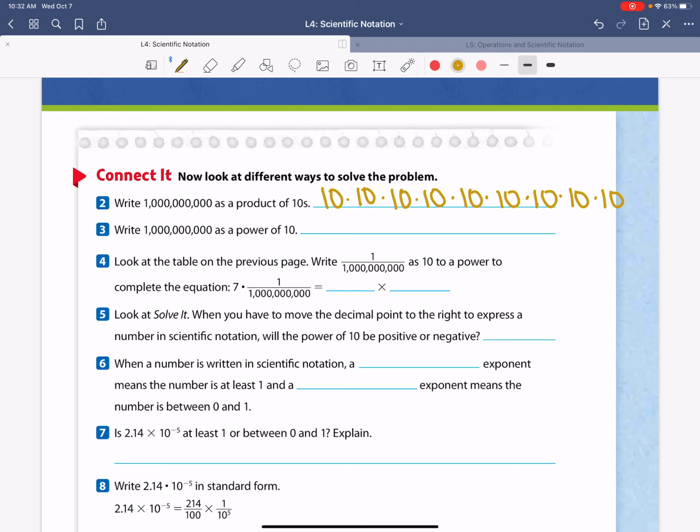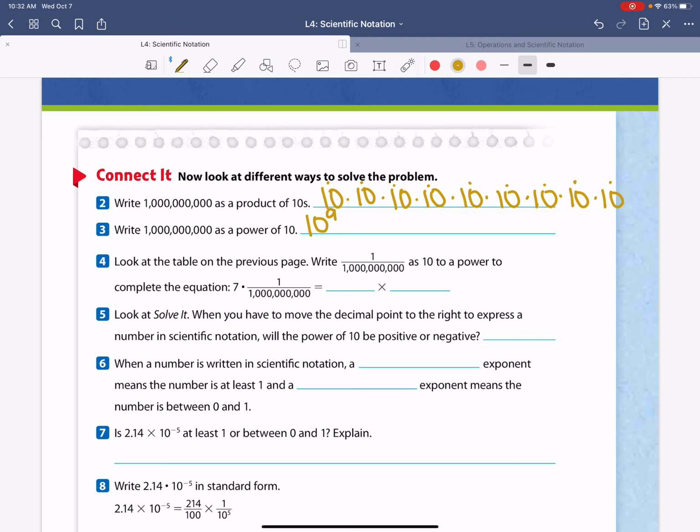Then it says write 1 billion as a power of 10. We've got 10 multiplied by itself, so that's our base, and it's multiplied by itself 1, 2, 3, 4, 5, 6, 7, 8, 9 times. So 10 to the 9th power. Look at the table on the previous page.